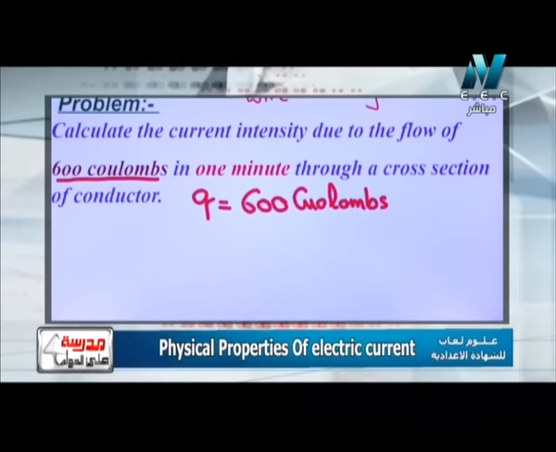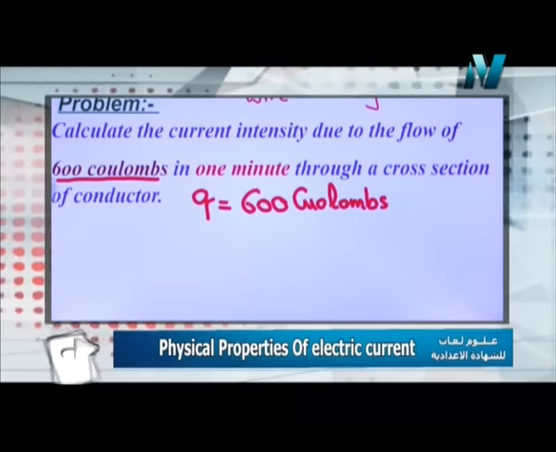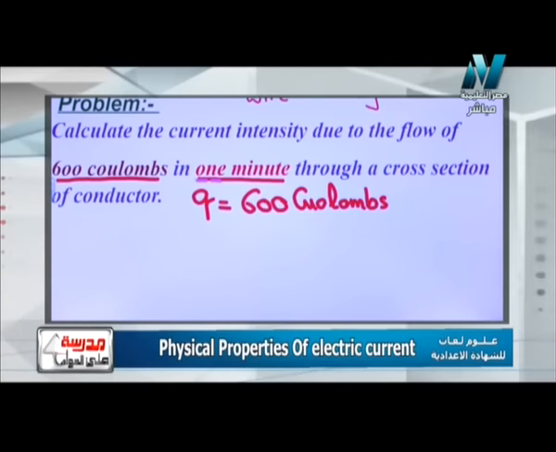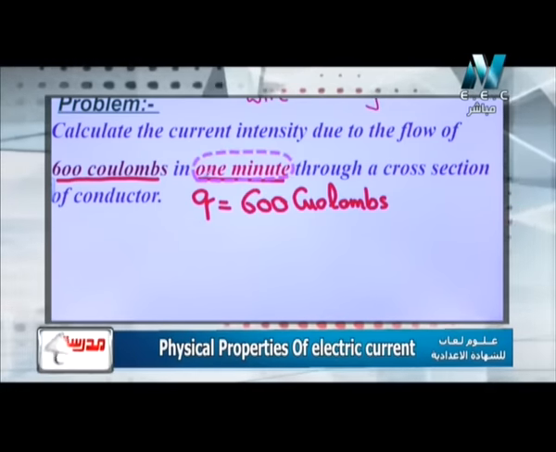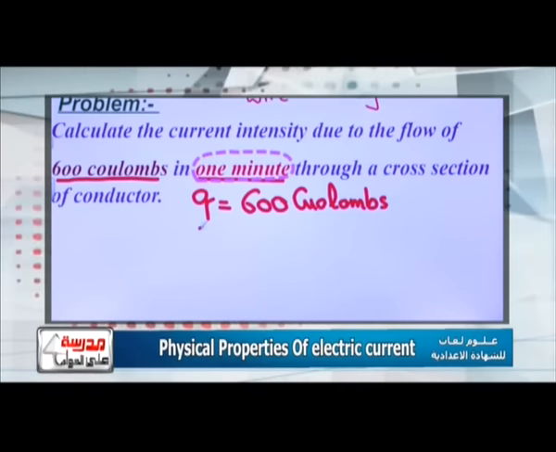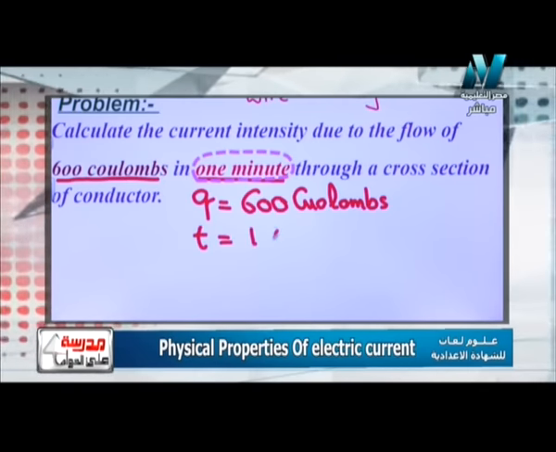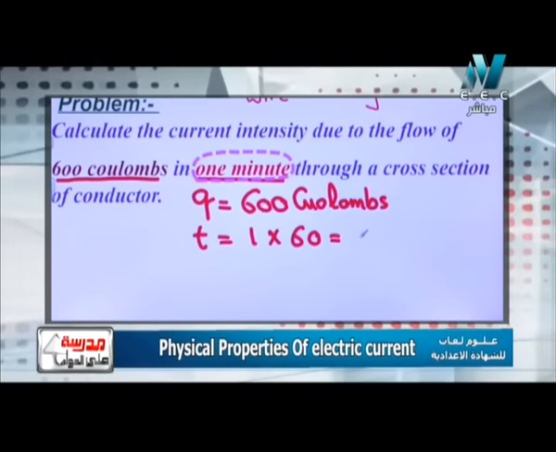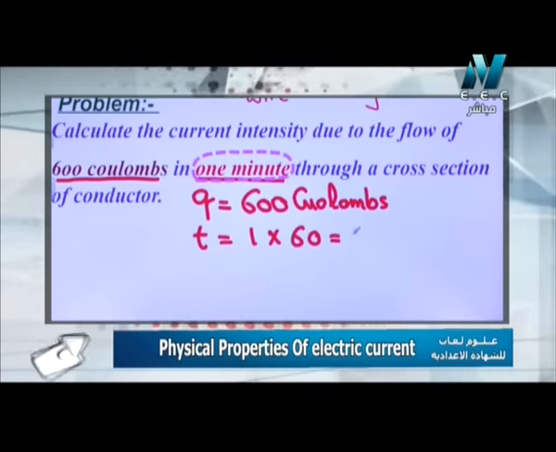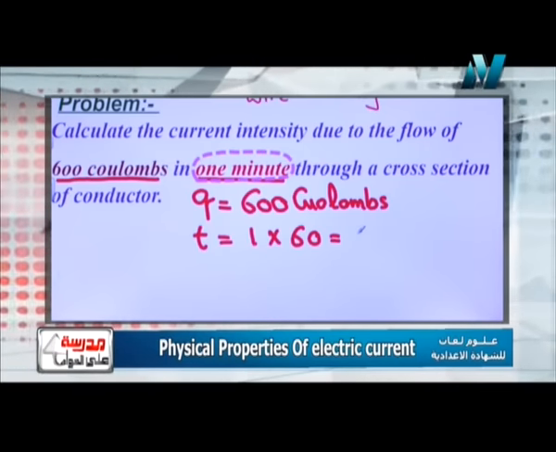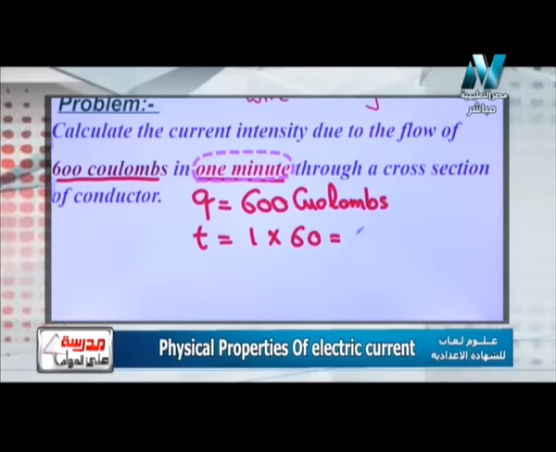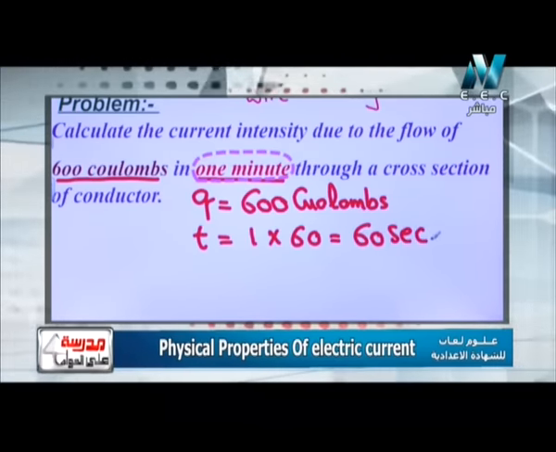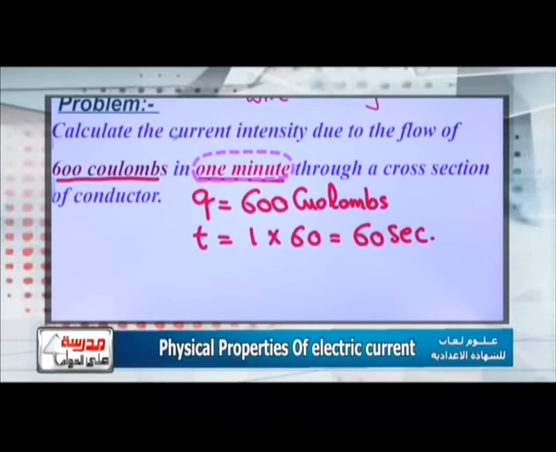And we have in 1 minute, so time T equals 1 times 60, because we have the measuring unit of time in seconds, not in minutes. We know each minute consists of 60 seconds. So we have time equals 60 seconds.